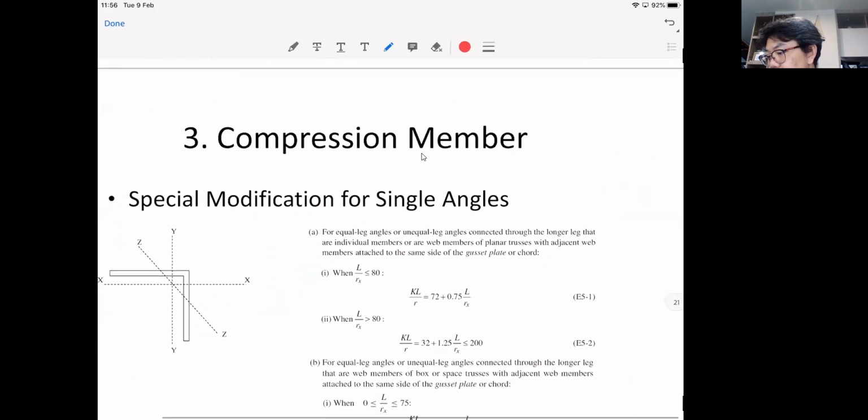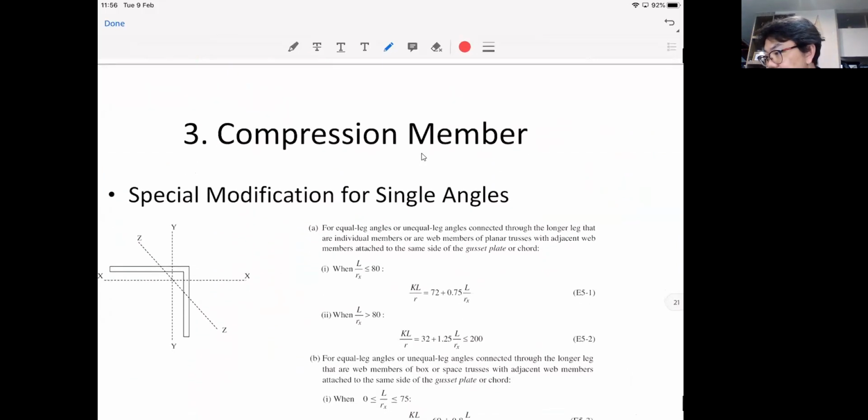Okay, so they have the Rx. Rx, generally, is the R in the direction of buckling. So it depends on where you have the gusset, but it becomes either your typical X or Y direction now.